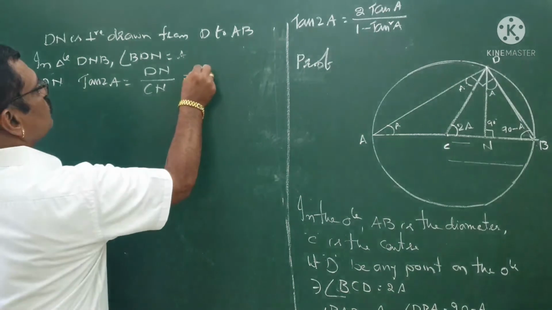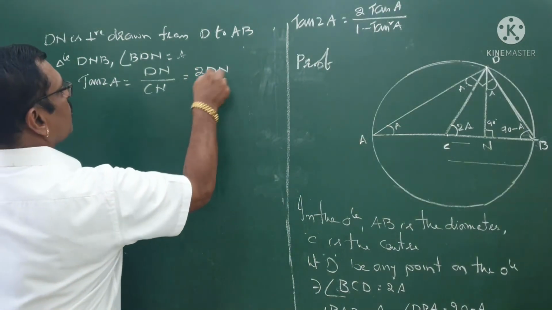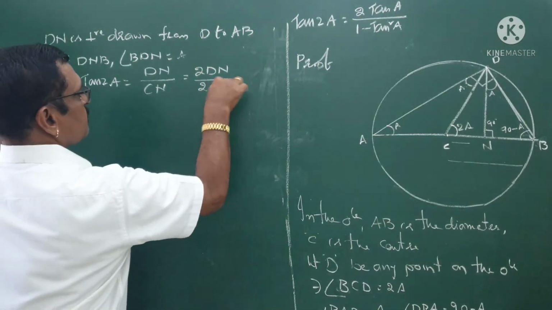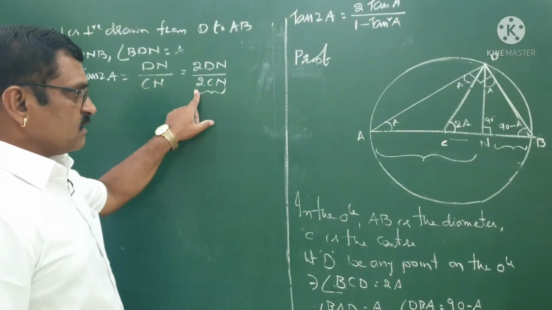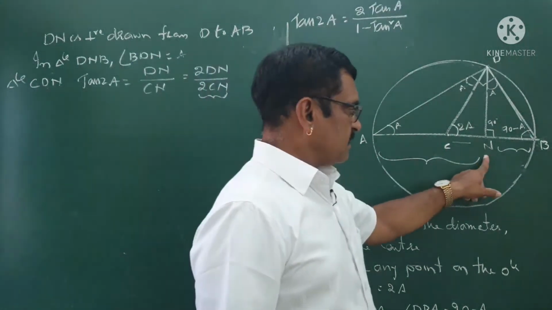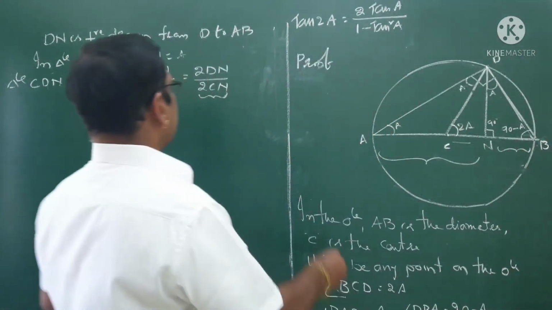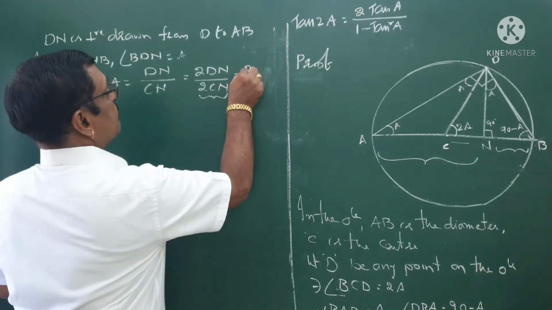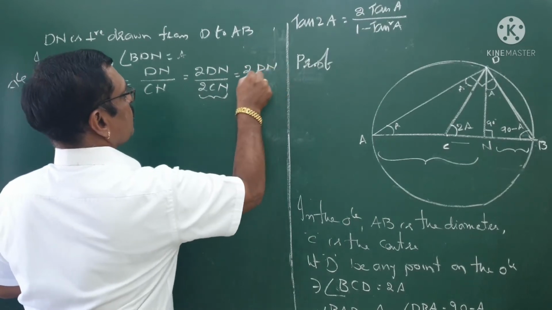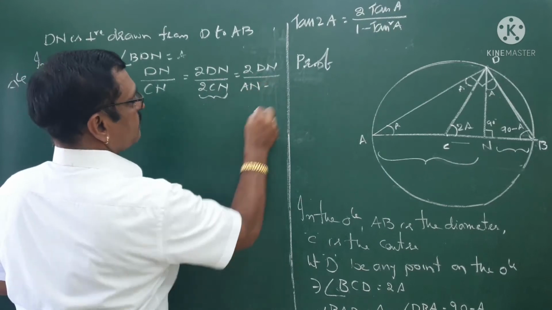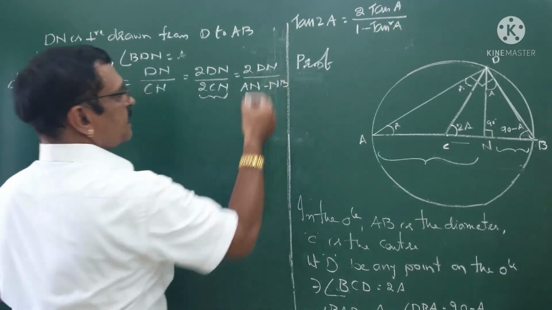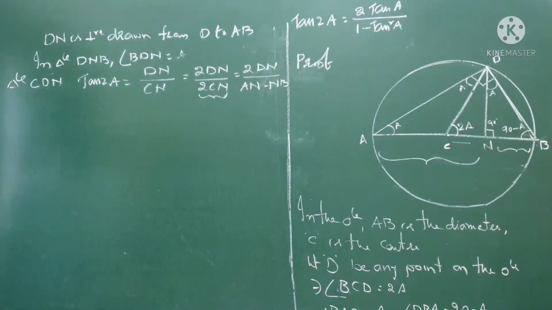So here also 2DN by 2CN. Now in the place of 2CN, we have written AN minus NB. So I will do same thing, right? 2 times of DN by AN minus NB.